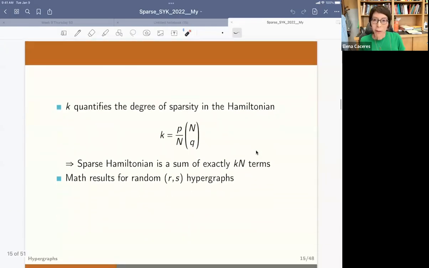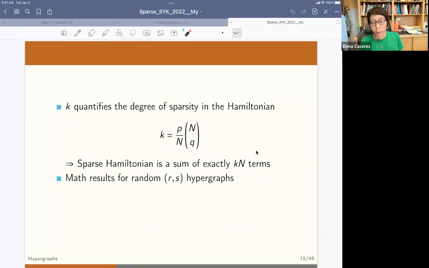Okay, so here's the question about the relation of P and K. K quantifies the degree of sparsity in the Hamiltonian. It's just K equals P divided by N times N choose Q, right? The sparse SYK Hamiltonian corresponds to the case when P equals 1.